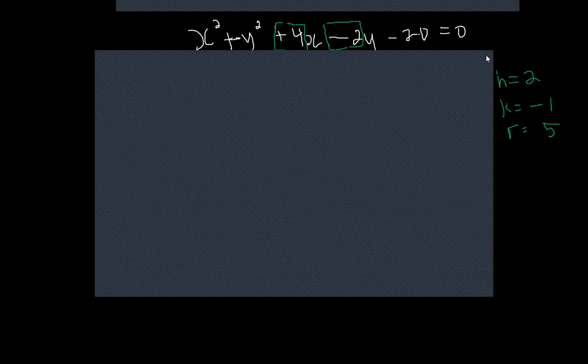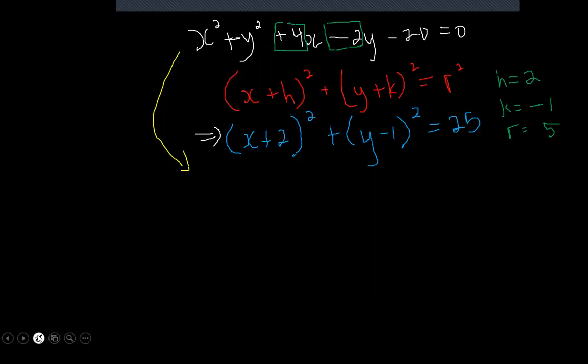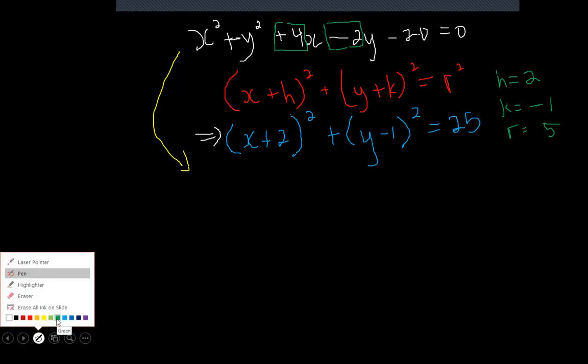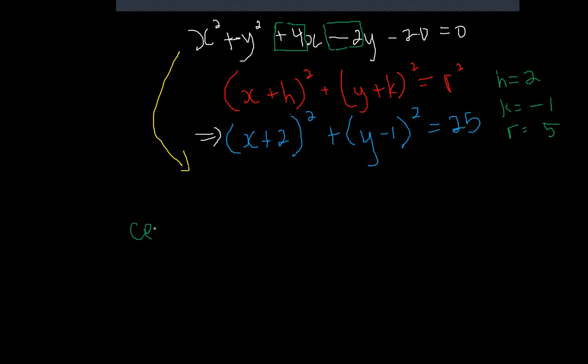The second part wanted you to identify the center and the radius. Can anybody tell me what they got for the center? Miss, I got minus 2, 1. Minus 2, 1.